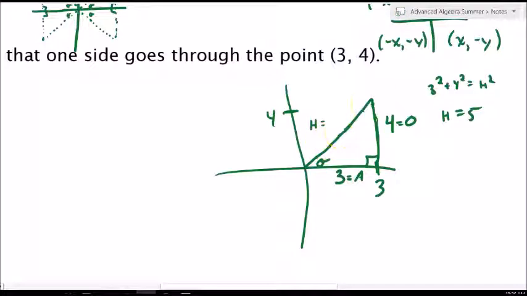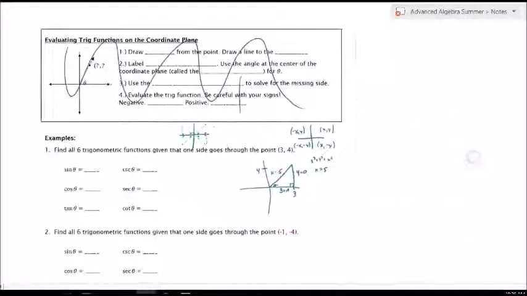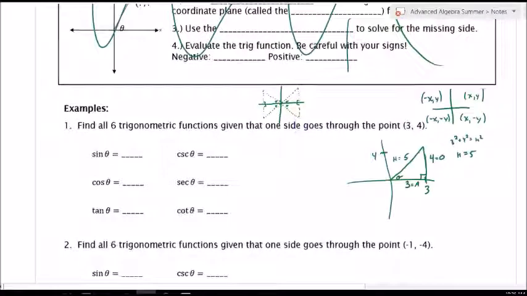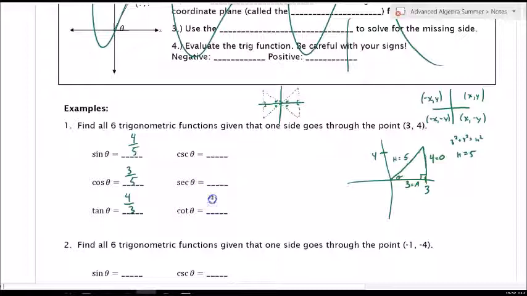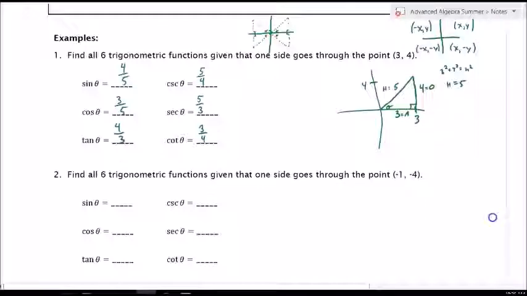Our hypotenuse is always going to be a nice positive number. Now that we have those, we can set up our different answers. O over H is 4 over 5. A over H is 3 over 5. O over A, and then we do our flips. Nothing too challenging, just a little bit different way of doing the problem.